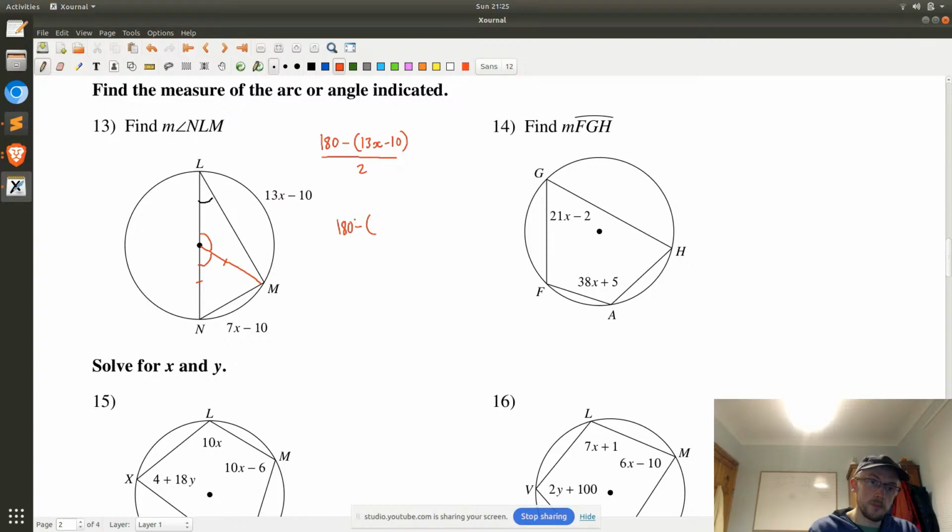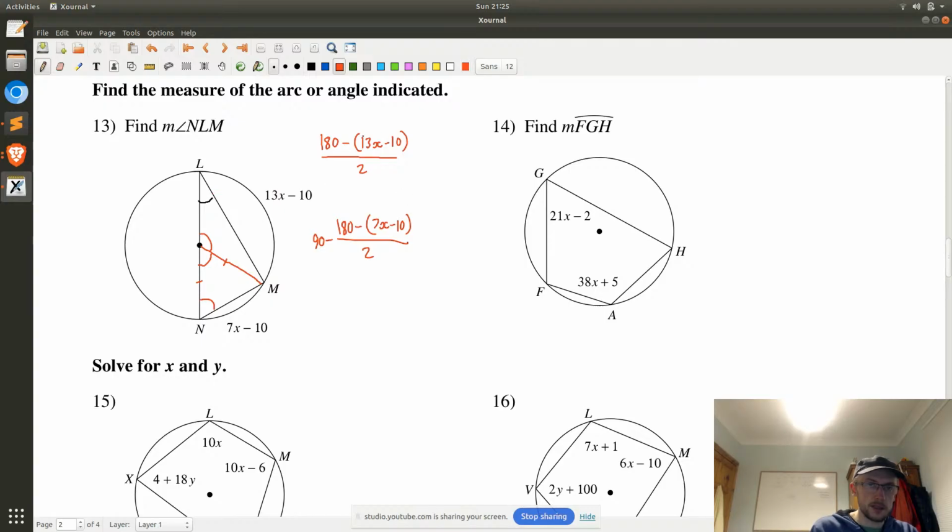Well, we'll just try. So that's 7x take 10. And then divide that by 2 and you'll get that angle there. And then do 90 minus that, and then you get that angle there.